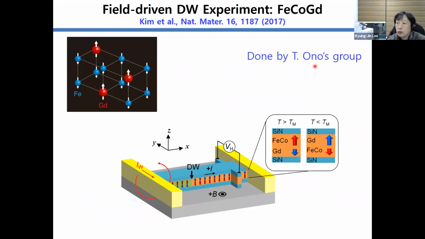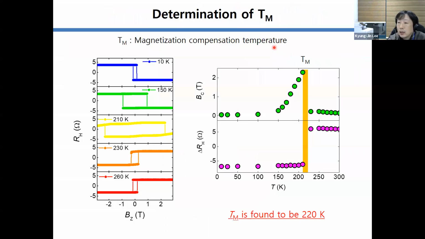So the Teruo Ono group carried out the experiment using this iron, cobalt, gadolinium compensated ferrimagnet. They first measured the magnetization compensation temperature by measuring the anomalous Hall voltage or resistance as a function of the out-of-plane magnetic field.